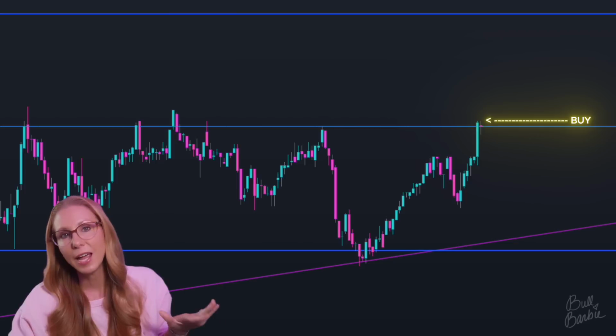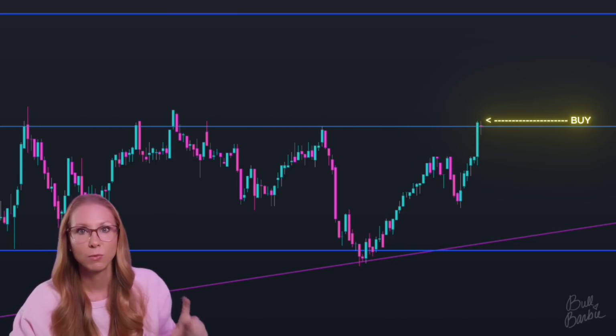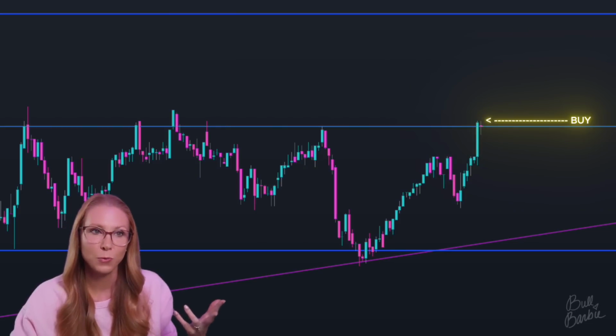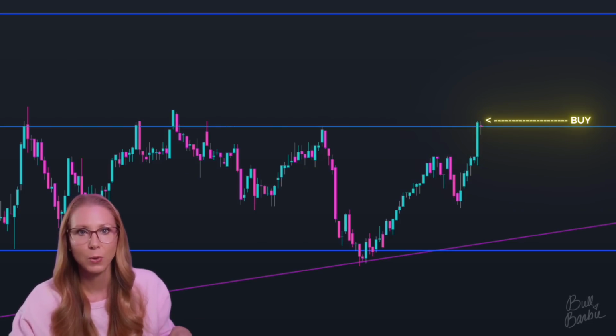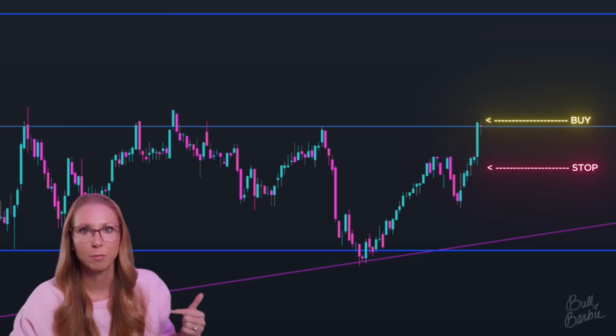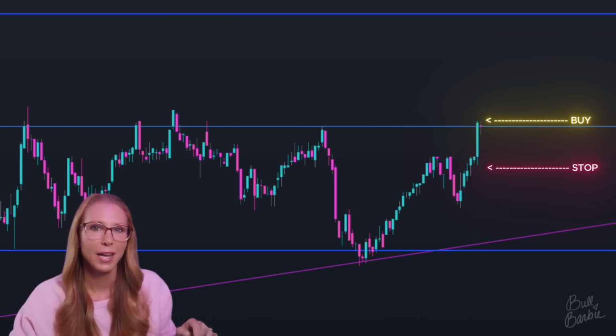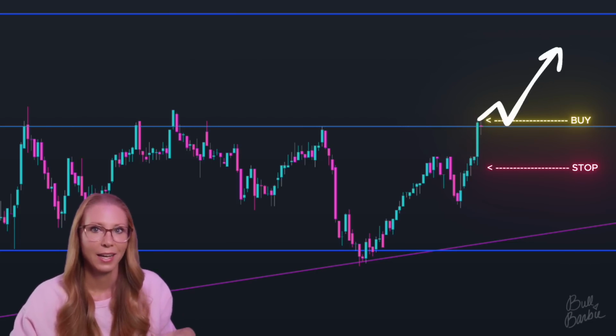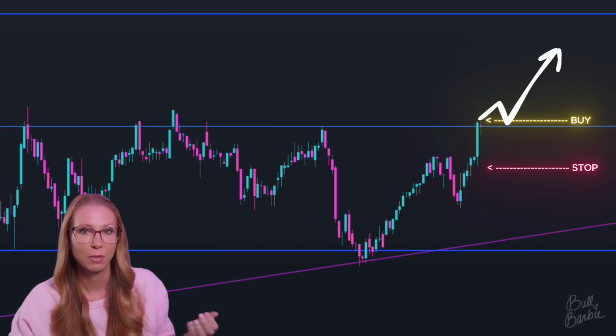The real edge is the risk to reward, because we're looking for a big move, but also a tight stop. So the stop goes opposite the entry on the opposite side of the breakout candle. This way, if price continues breaking out, we make money. And if price retests before breaking out, we still make money.